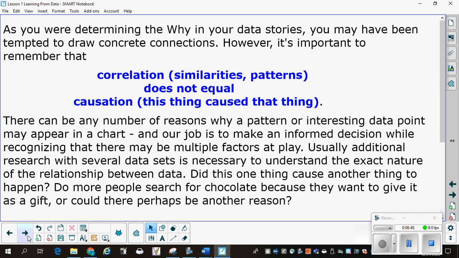Usually, additional research with several data sets is necessary to understand the exact nature of the relationship between data. Did this one thing cause another thing to happen? Do more people search for chocolate because they want to give it as a gift? Or could there perhaps be another reason?